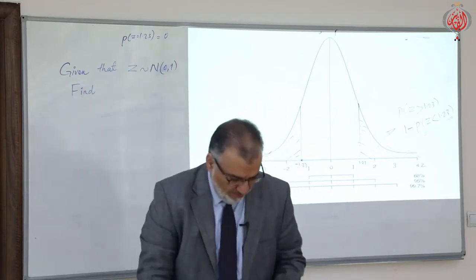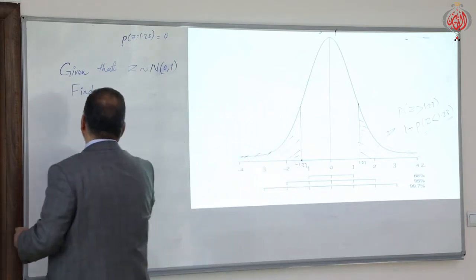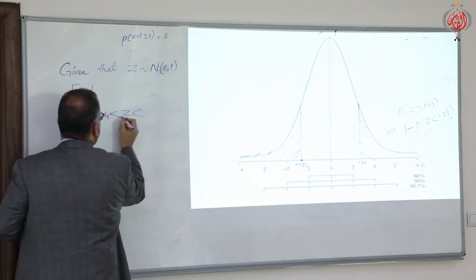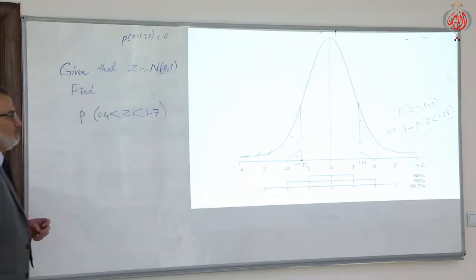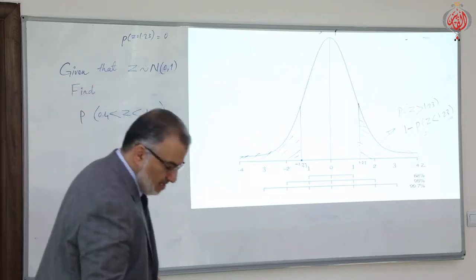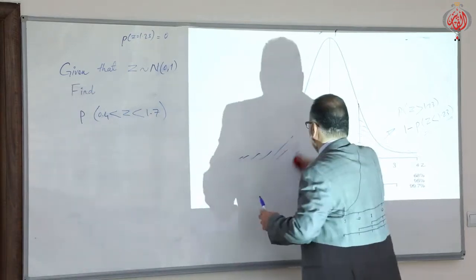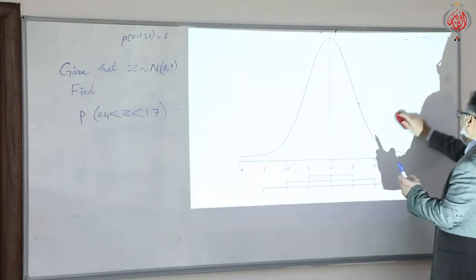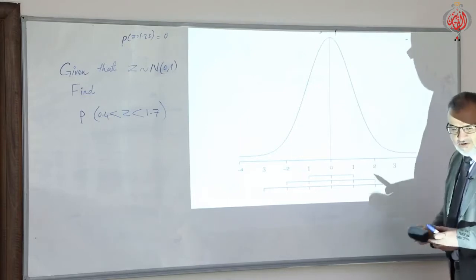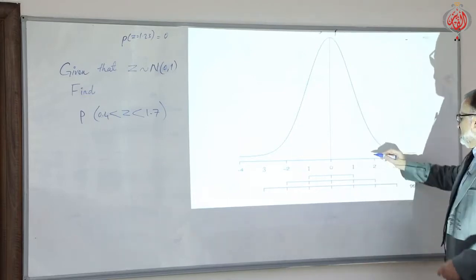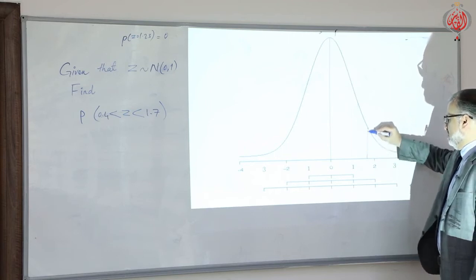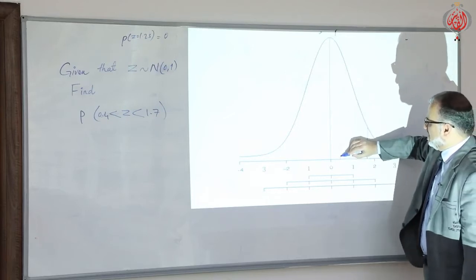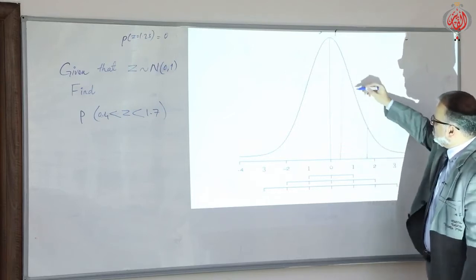If I told you to find the probability of Z between 0.4 and 1.7. Here on the standard normal curve, if I want to draw that area, where is that area? 1.7, this is 1.7, almost. And 0.4, this is 0.4. Okay, so this is the area.